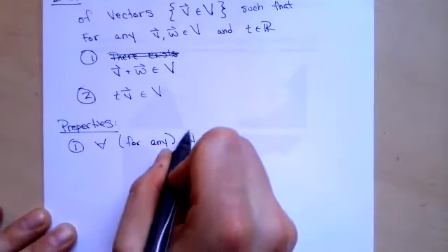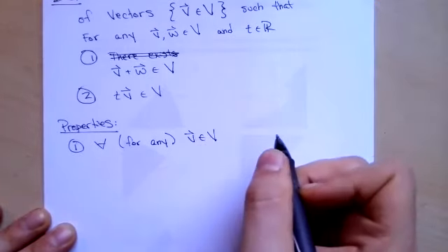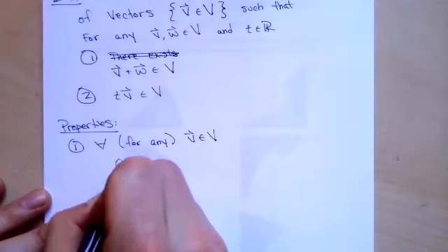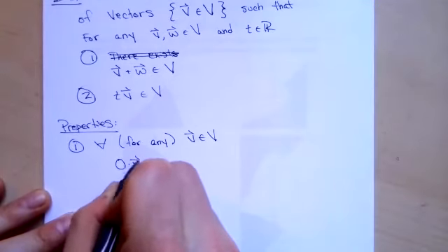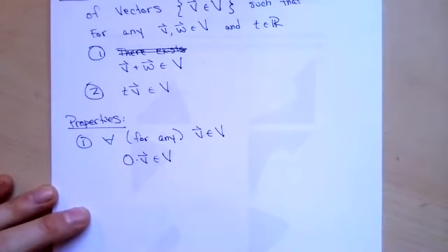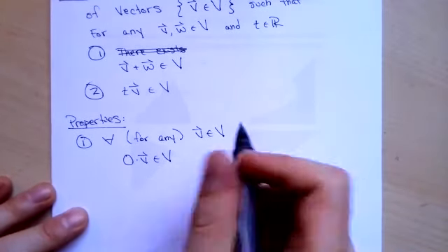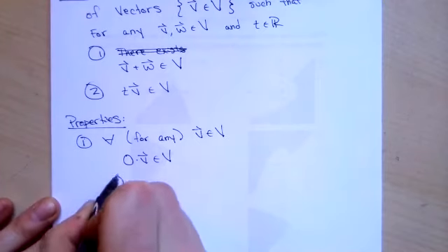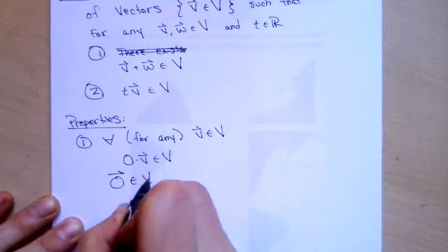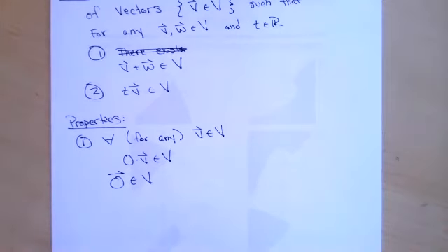So for any vector v in V, by definition, 0 times v also has to be in V. In other words, the origin or the 0 vector is always within the vector space.